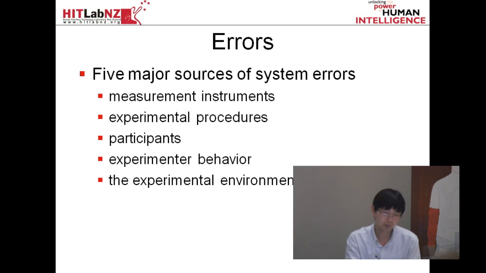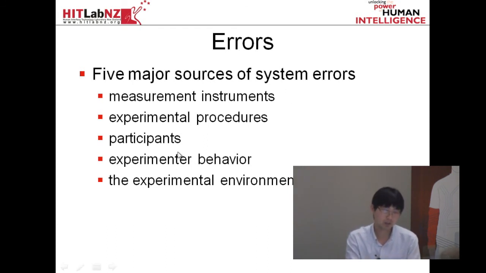And the main systematic errors that you can think of in the experiment design are due to either the measurement instrument. So if your measuring device had some systematic errors, then it could introduce some error to your conclusion. Experimental procedures, such as if you didn't balance out the order of people trying each of the conditions, might have introduced some errors.